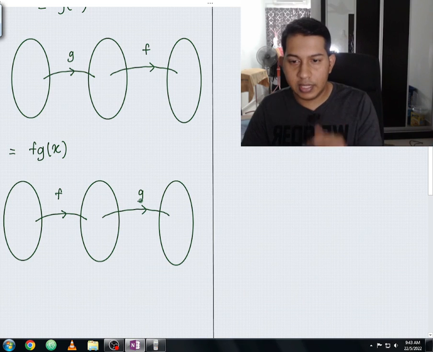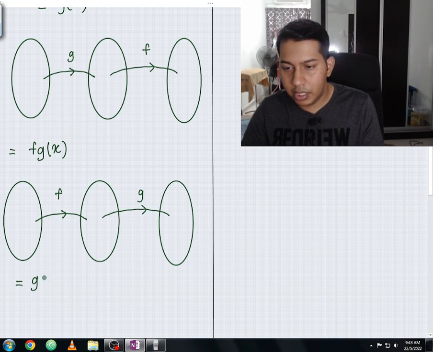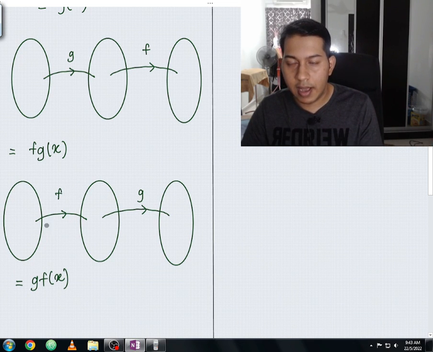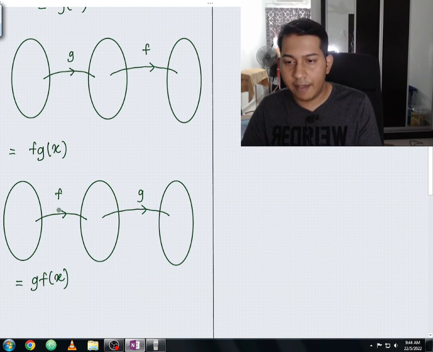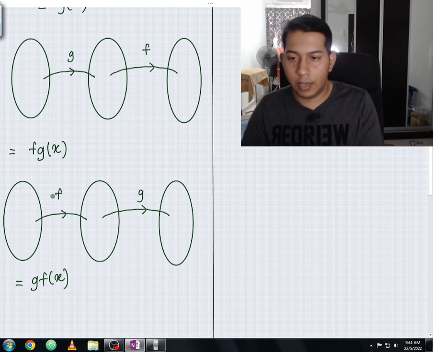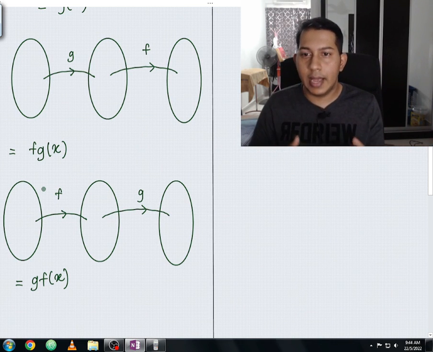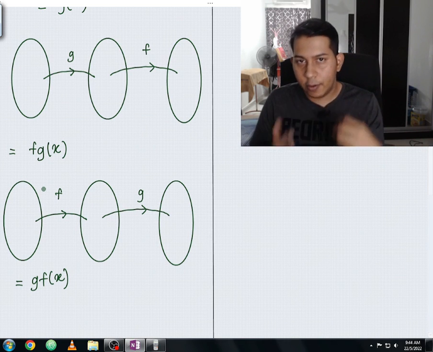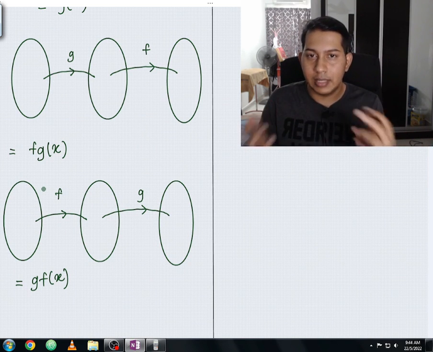In this case, your composite function will be g(f(x)), because you come across f(x) first, then only you go through g. So this f(x) will be brought to the function g(x). I know you won't get it yet. I'm just showing you how the composite function may look like. As you are exposed to the examples, you will understand this better.